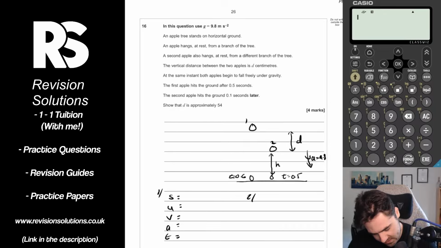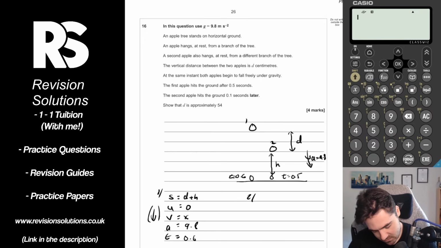So apple 1 has to go a distance of d plus h. It starts from rest. We don't know the end velocity. We know the acceleration, if I define down to be positive, it's 9.8. And we know the time is 0.6.